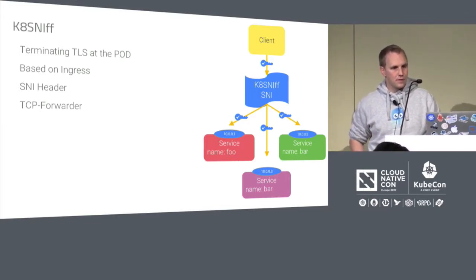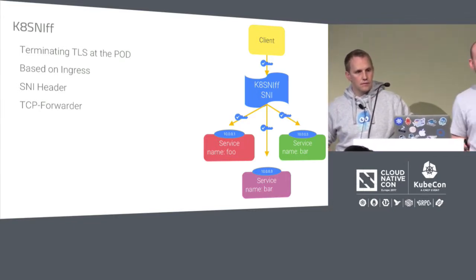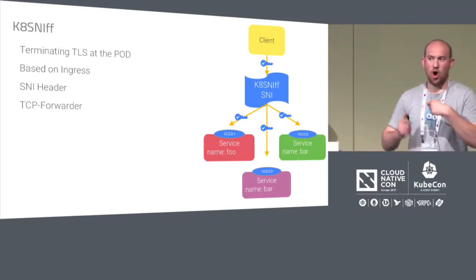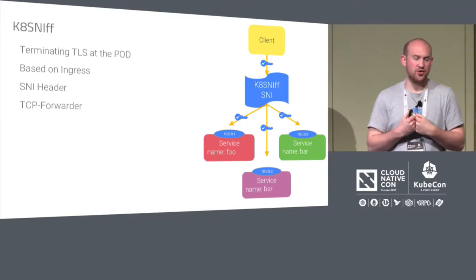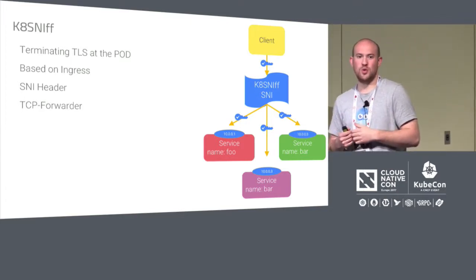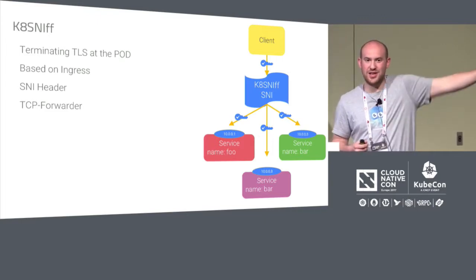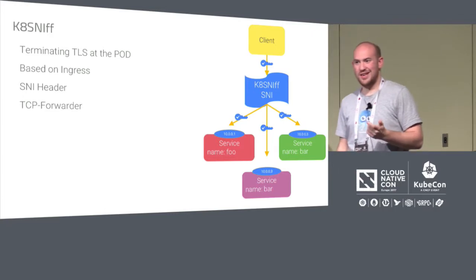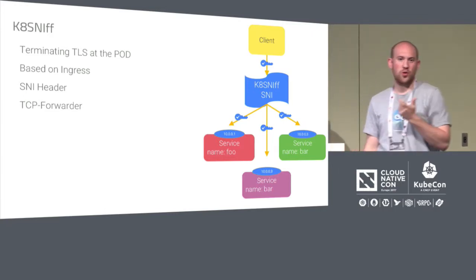Yeah. And this works really well for native applications that want to use certificates on their own in the application. So if you have applications that really don't like having the TLS offloaded somewhere else, there's a couple of things in, like, the Atlassian stack where they really want to hold those certs.